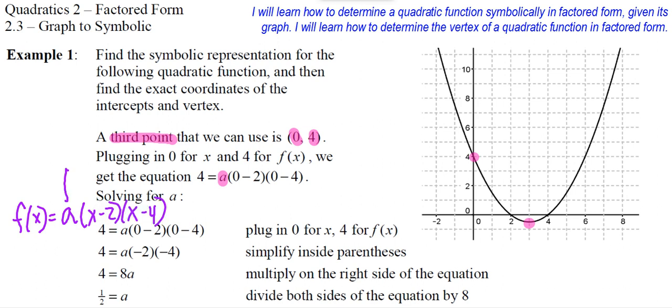Because we're solving for this value, we would need a value for the x and the value of f of x. So technically, we need a y value and we need an x value. Because we're using the third point, which is the y-intercept, the x of the y-intercept is 0. So I'm going to plug in 0 on the x, and I'm going to plug in 0 in here. And then for the y, I'm going to use the number 4. So instead of the whole f of x, the f of x would be gone for now, and I'm going to change that into a 4.